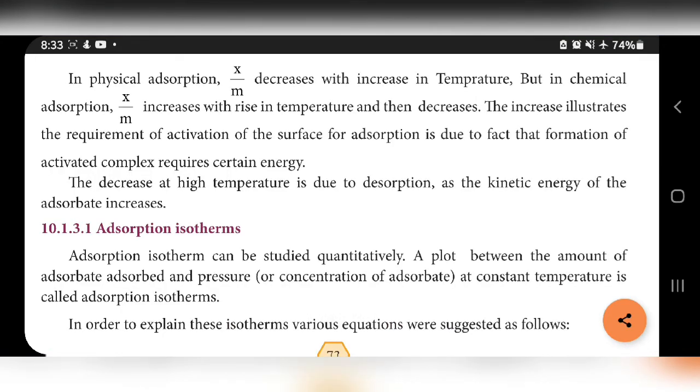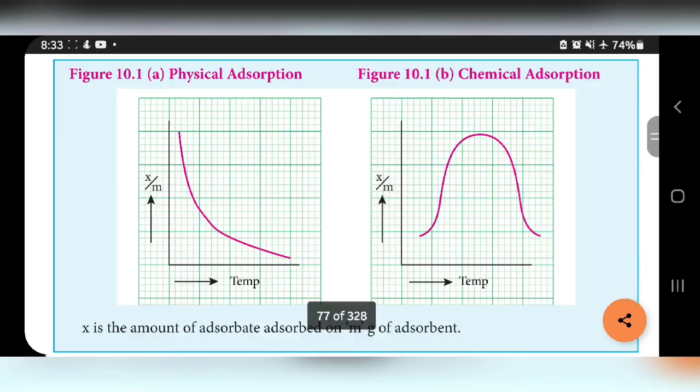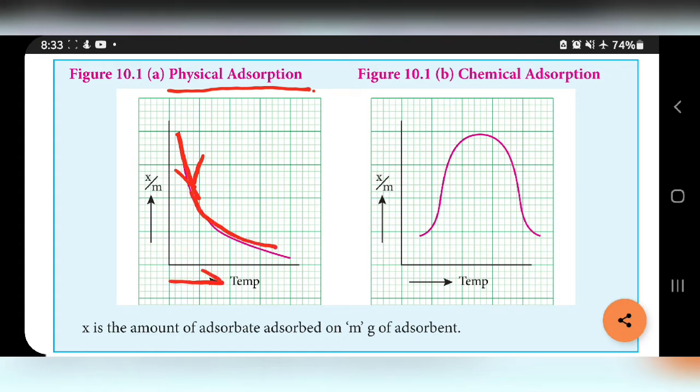In physical adsorption, x by m decreases with increase in temperature. See here, in physical adsorption, the x by m value decreases when temperature increases. But in chemical adsorption, the x by m value increases with rise in temperature.